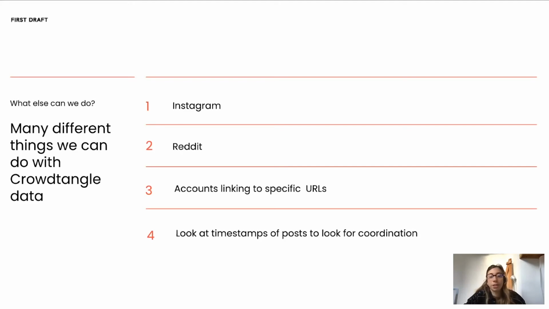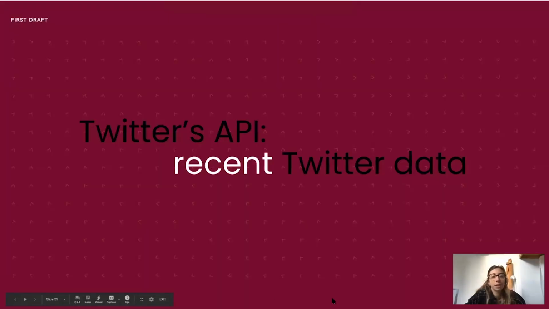And even though the data is limited, Crowdtangle gives us access to different approaches and combinations of these that are practically infinite. So let's look at some basic techniques for accessing the Twitter API. As I mentioned earlier, the API does not allow us to access historical data.